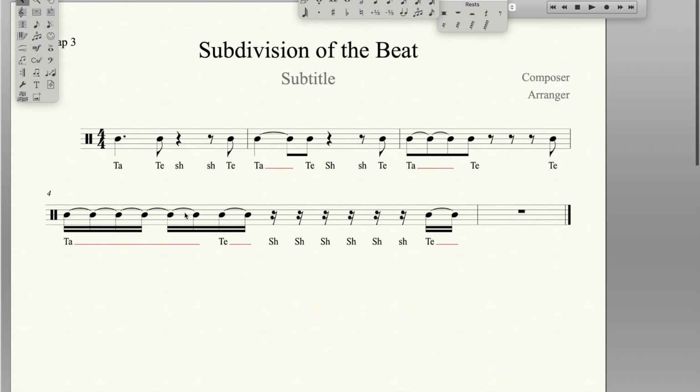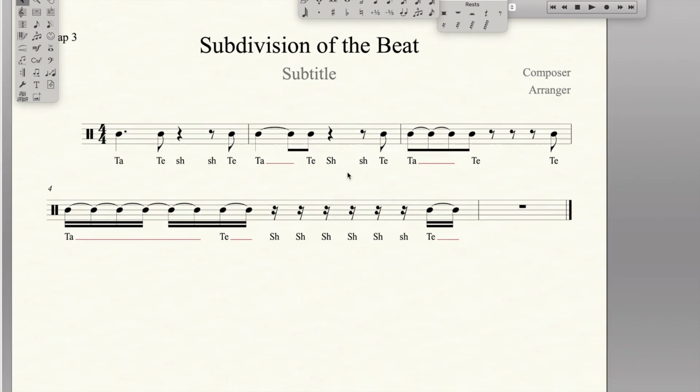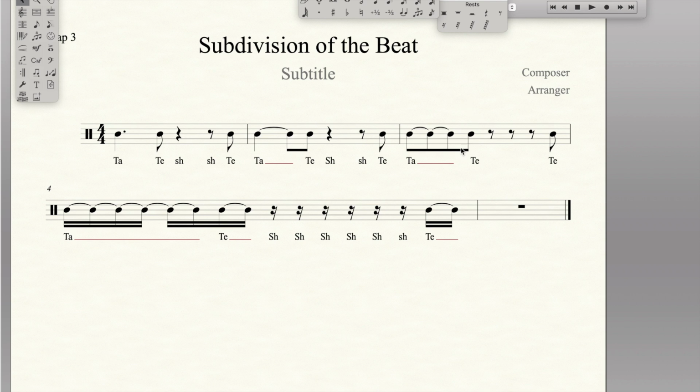But remember, this is the same as this, is the same as this, is the same as this, if I'm playing them. That's subdividing. So I'm playing this, and I'm most likely thinking this or this in my head. This is kind of pedantic, but it just shows you that you could technically write it that way.